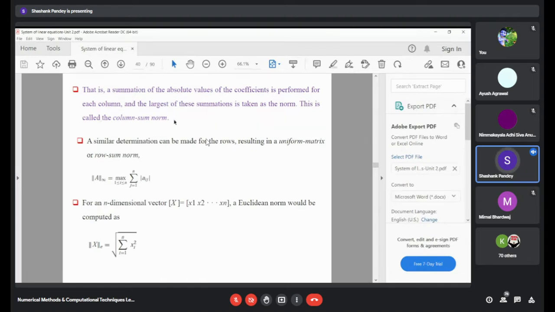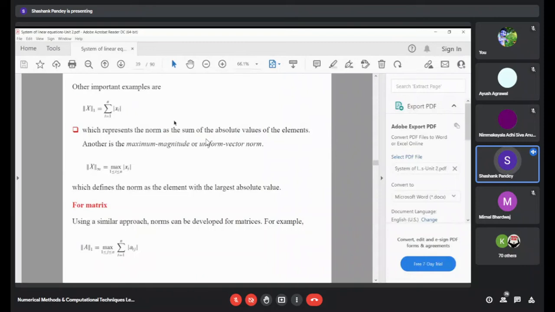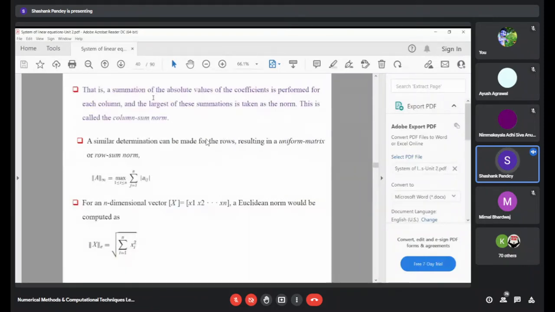This is called the column sum norm. We take the absolute value, not the negative value, the positive value, the mod. So all the positive values are taken and we simply add each column, and the highest column sum is called the column sum norm.